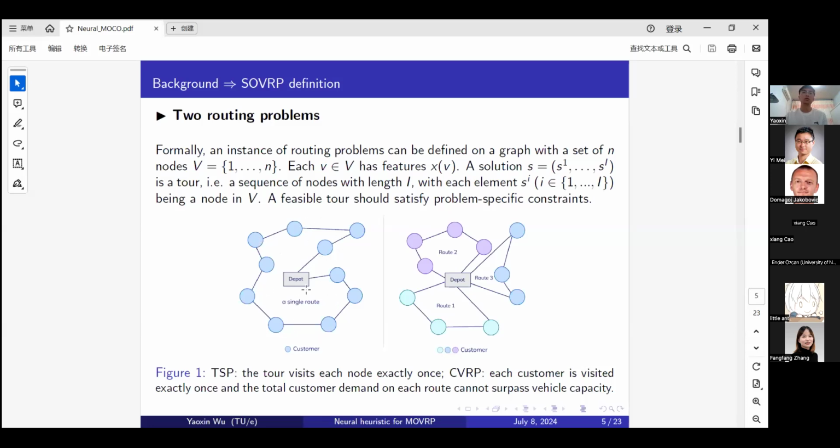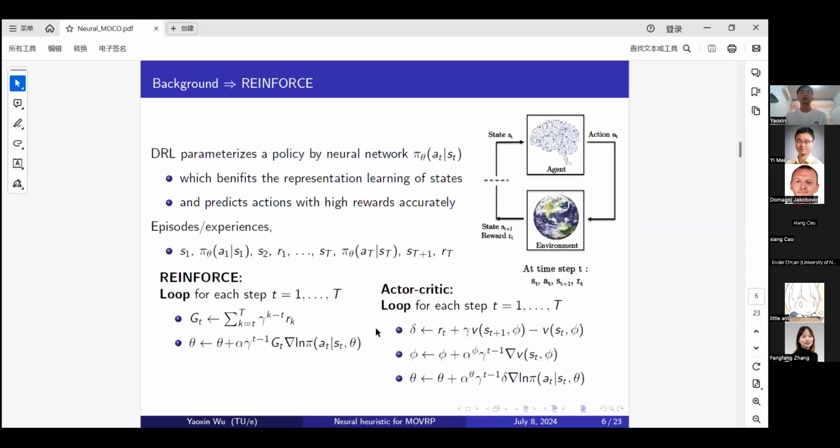It means we want to learn a policy to select the nodes one by one, serving the customers one by one, and finally returning to the depot. If we consider this node selection as a sequential decision-making problem, we can naturally model it as a Markov decision process.